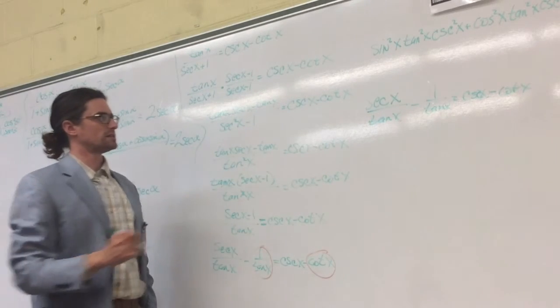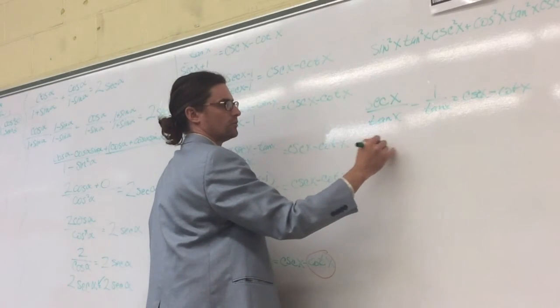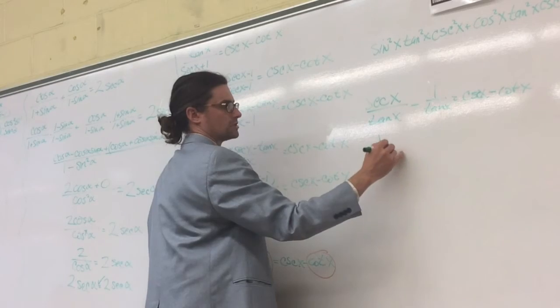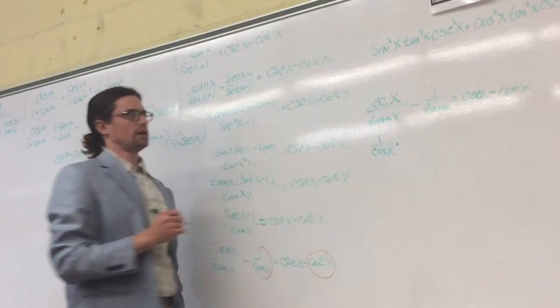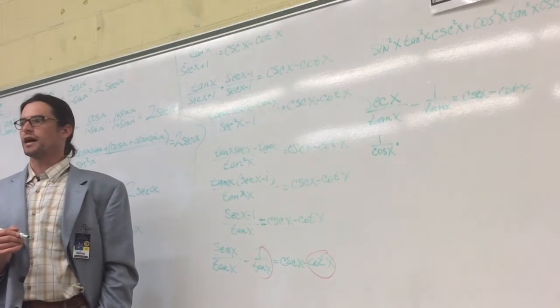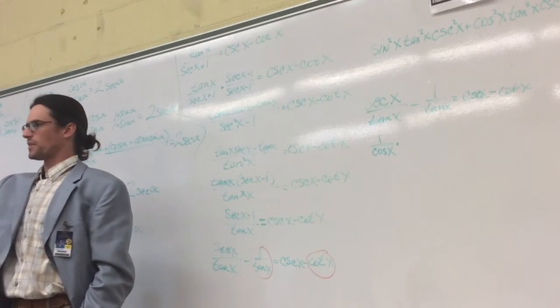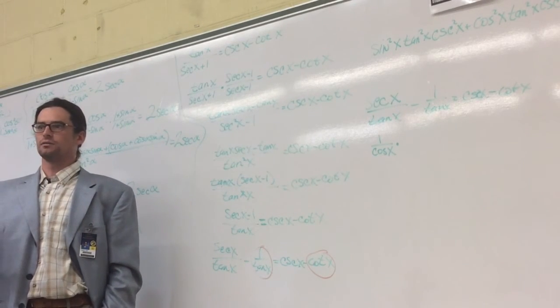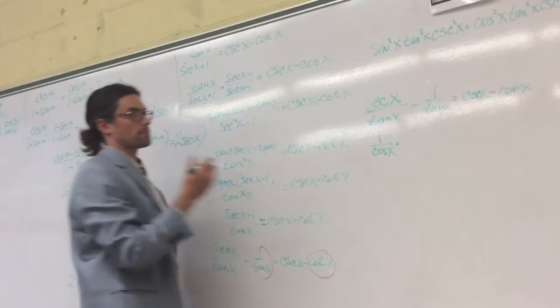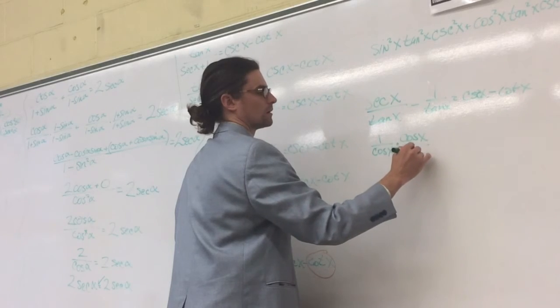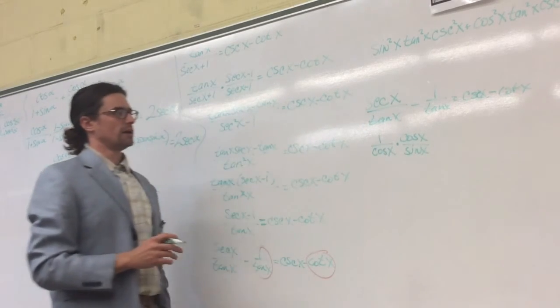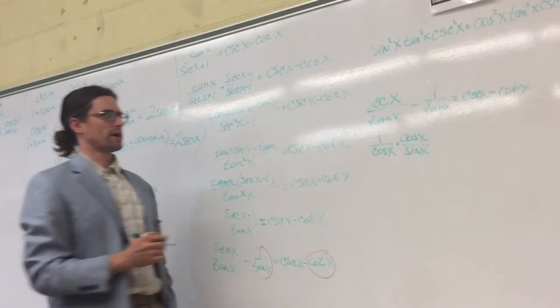So Hannah says change secant into 1 over cosine x, and tangent is sine over cosine. So instead of having something over sine over cosine, we could write it as times cosine over sine, multiplied by the reciprocal.